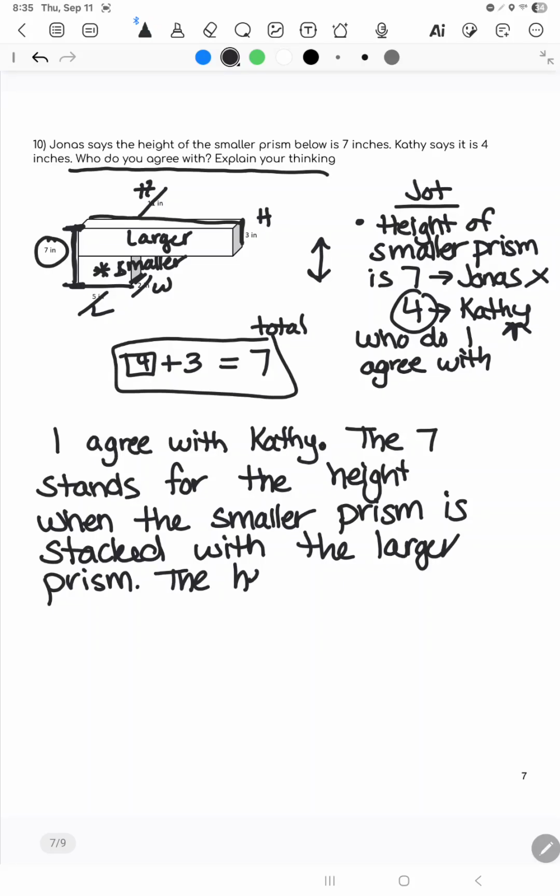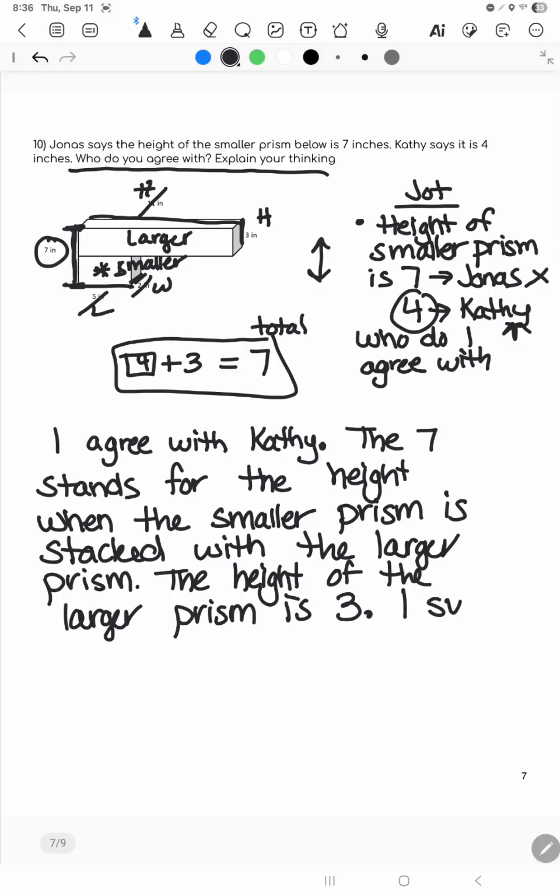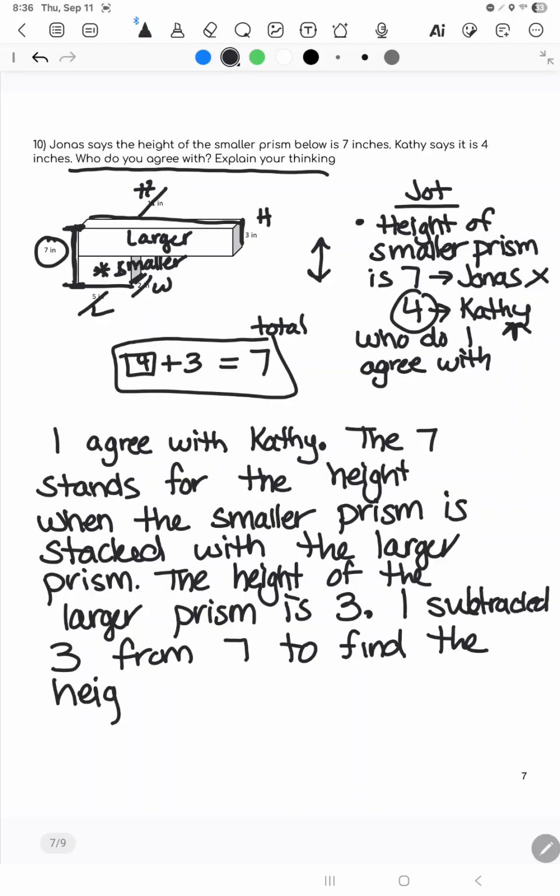The height of the larger prism is 3. I subtracted 3 from 7 to find the height of the smaller prism.